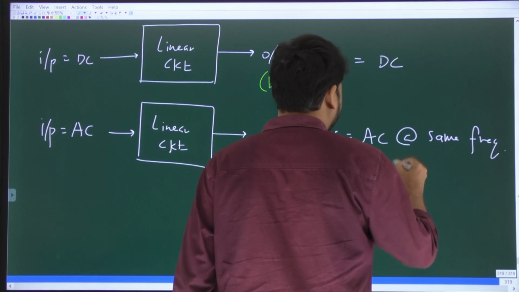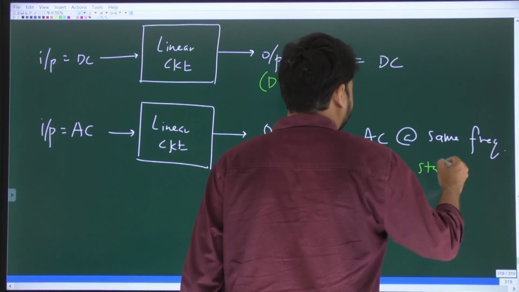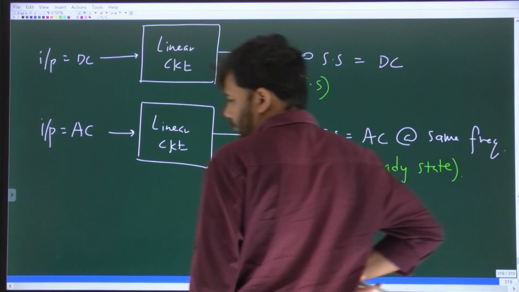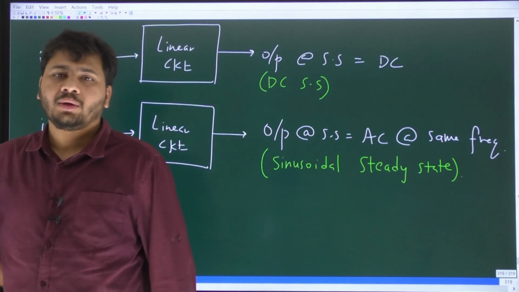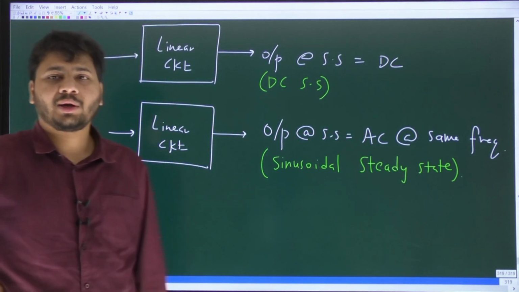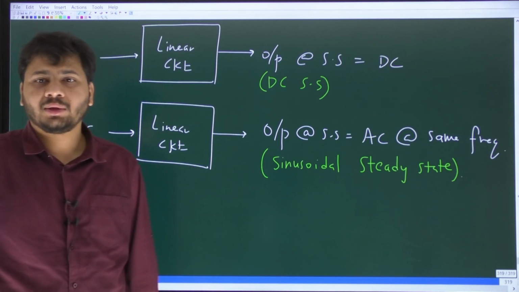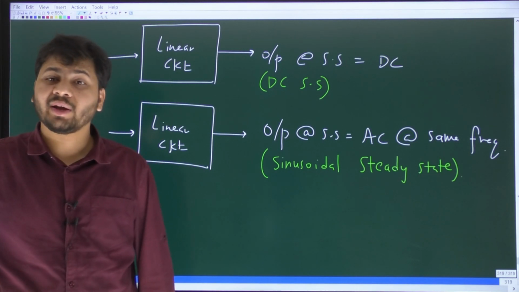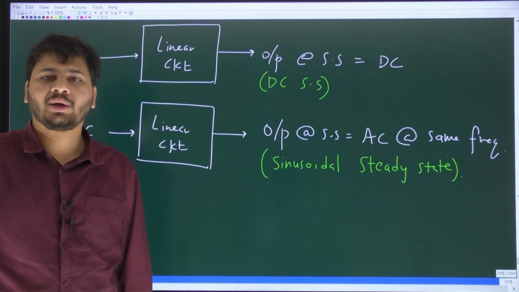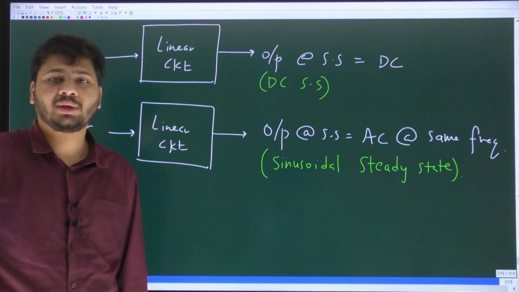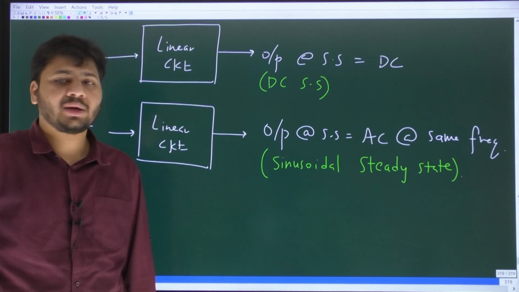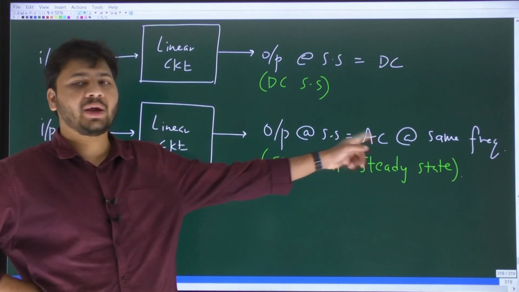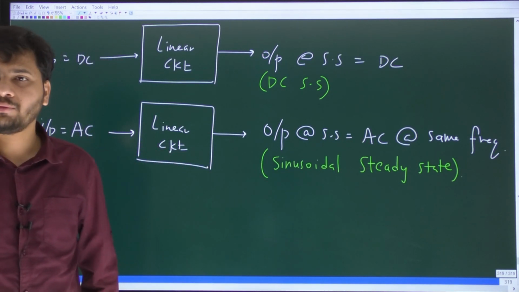Clearly, at sinusoidal steady state, the transient response will decay to 0. So the only part that is left is the steady state part, which is going to be AC at the same frequency.